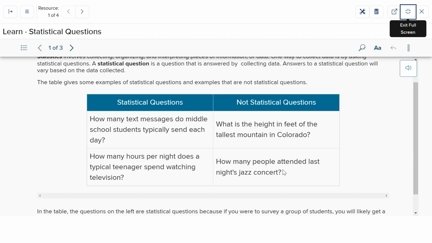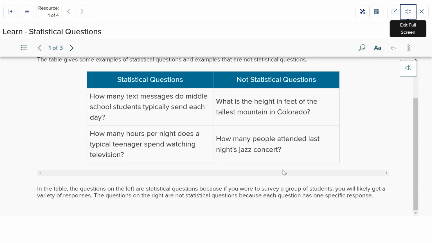It's not going to change because the concert's over. So down here they said that in fewer words. They said in the table the questions on the left are statistical questions because if you were to survey a group of students you would likely get a variety of responses. The questions on the right are not statistical because each question has one specific response. So it's more about what kind of answer you get.